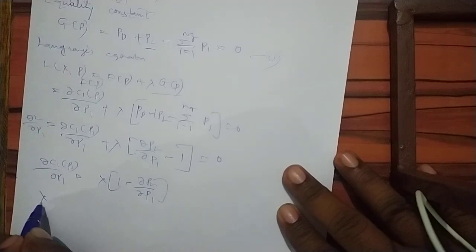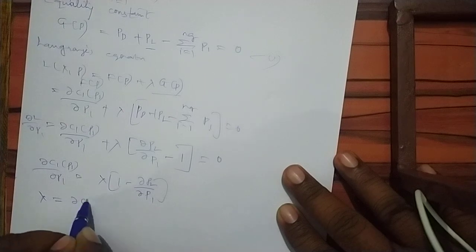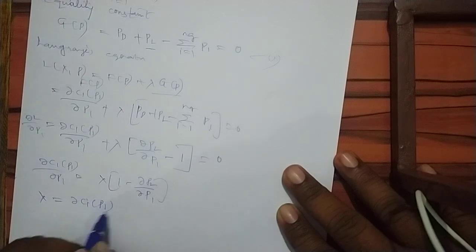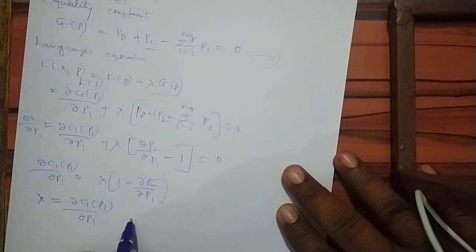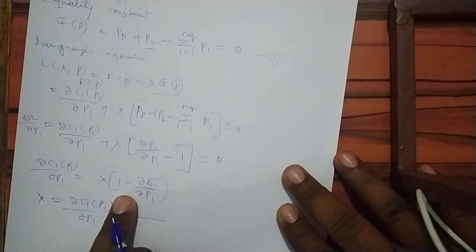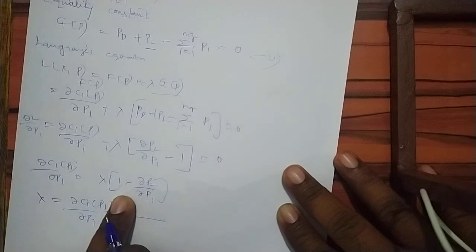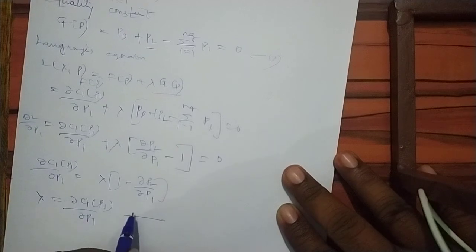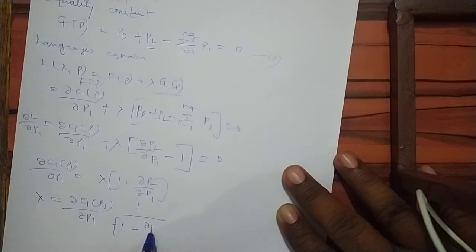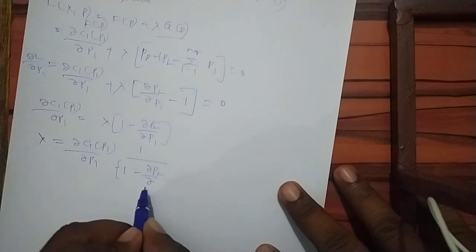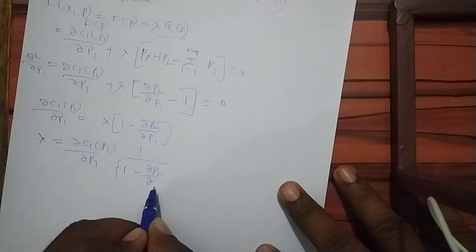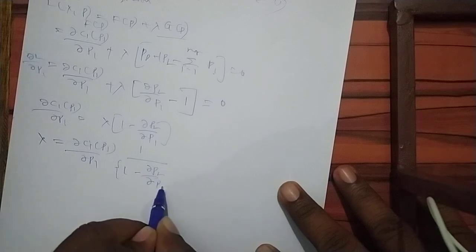Now you can write it as lambda is equal to dou C1 divided by dou P1, and I have taken this right hand term to the left hand side, so it comes to the denominator: 1 minus dou PL divided by dou P1.